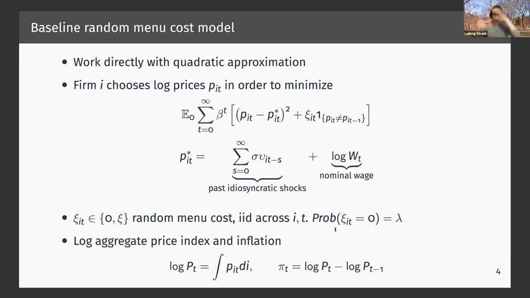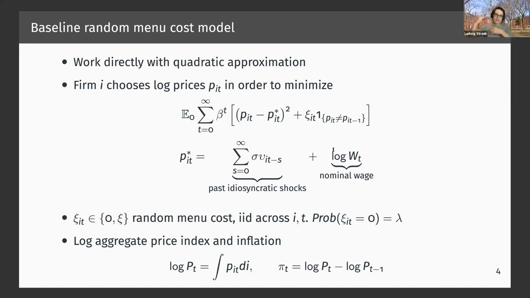And so once all these firms choose their optimal prices, at the end of the day, we can aggregate up all these price choices and get the price index P_t at every given period, and also get inflation as just the change in log P_t. Okay, so if you look at this from a helicopter perspective, all that's going on here is that we feed in a path for these nominal wages.